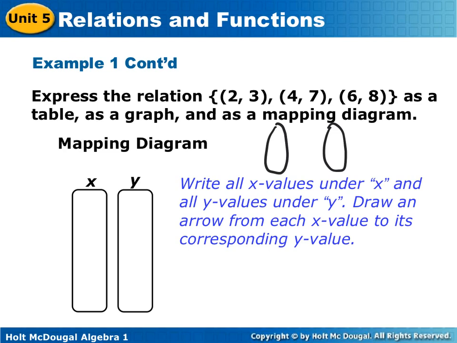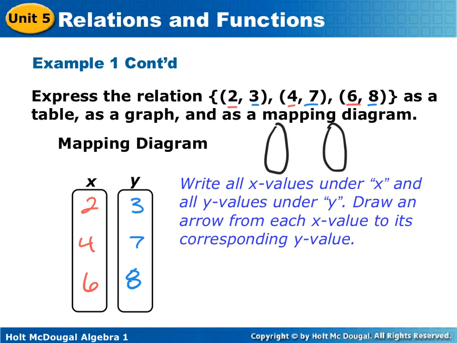So for example, all the x values that would show up here are 2, 4, and 6. Everybody okay with that? And then the y values that would show up are 3, 7, and 8. Here is how a mapping statement works, or a mapping diagram.